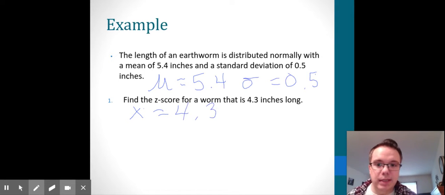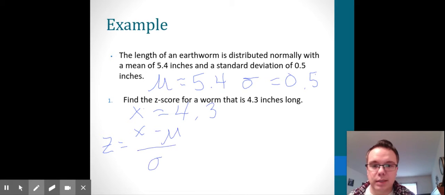Remember, to find a z-score, we take our x minus our mu, over our standard deviation. In this case, we take 4.3 minus 5.4 and divide it by 0.5.